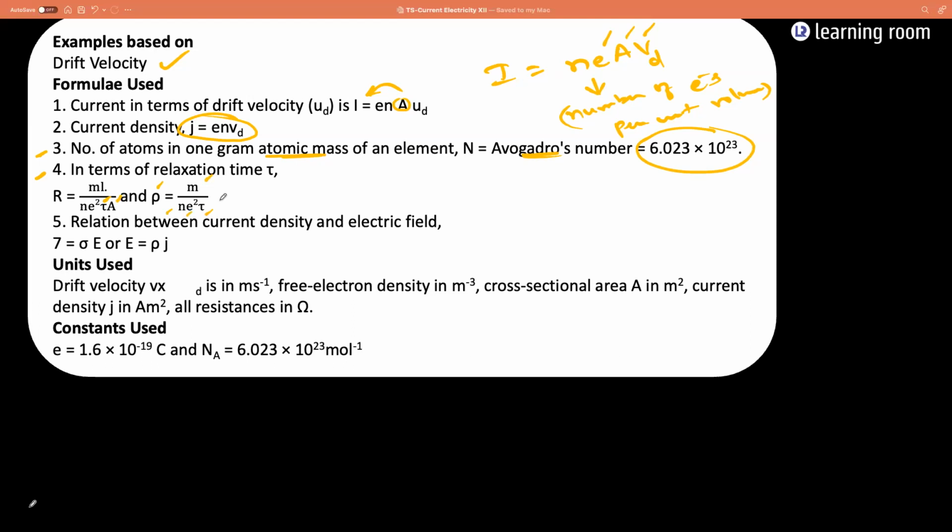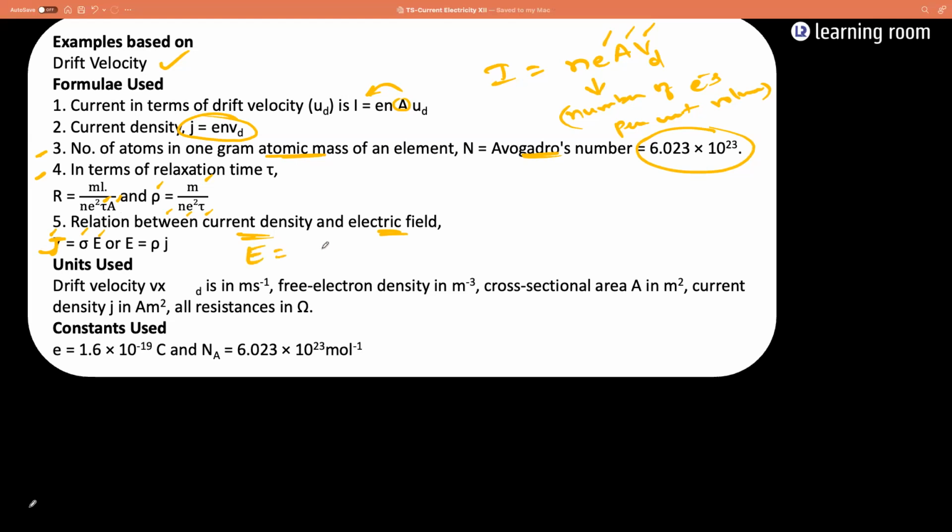Similarly, the relation between current density and electric field. Current density is generally represented with small j, but because that 7 was there, I changed it to capital J. So current density is equal to sigma into E. What does sigma stand for? We saw this already. Sigma is the reciprocal of resistivity, that is, conductivity.